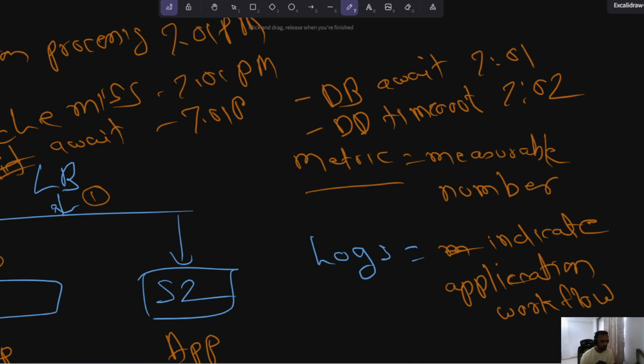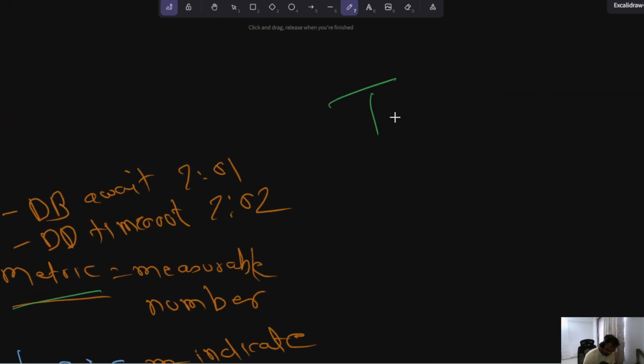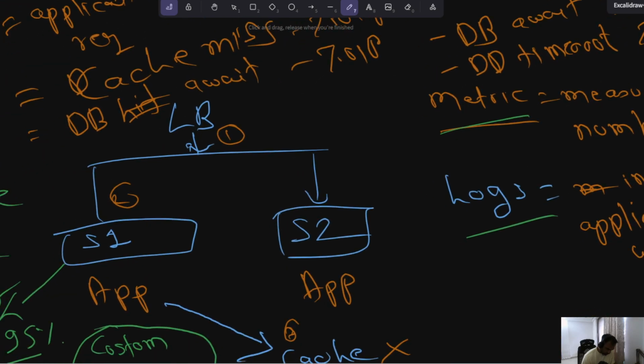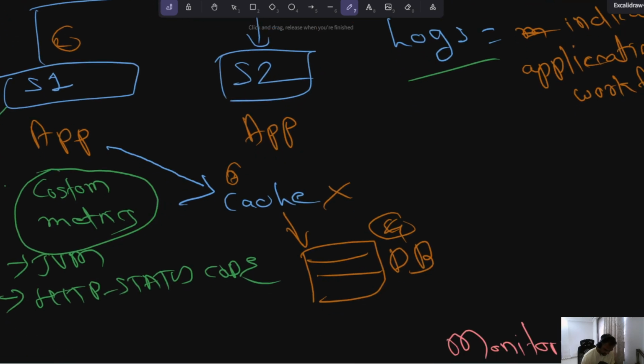Now then, what are traces? We have covered metrics. We have covered logs. Let us now understand traces. Here we saw that the request went from the load balancer to server 1. From there it went to a cache and to a DB.